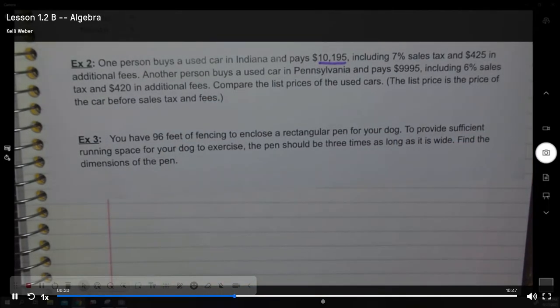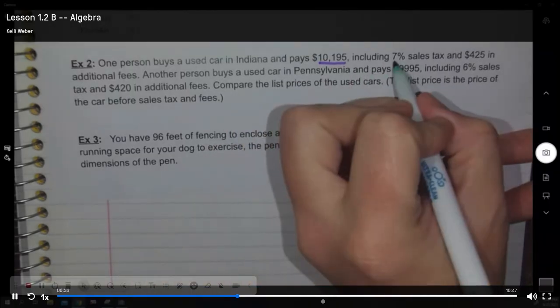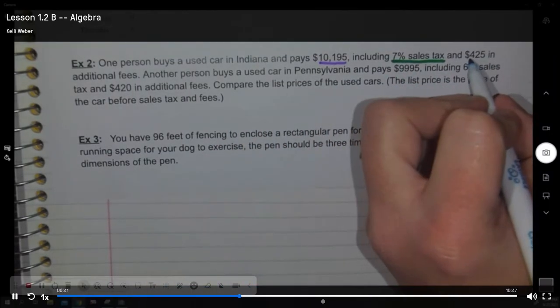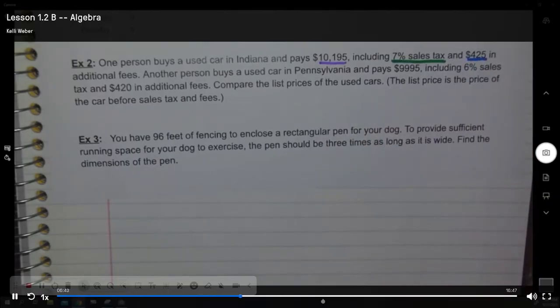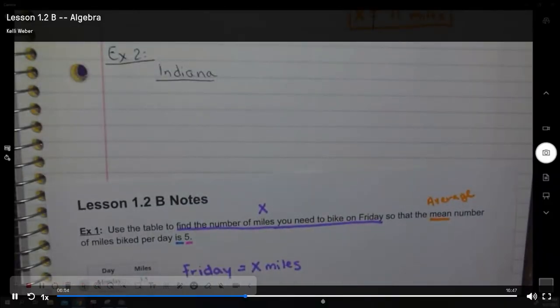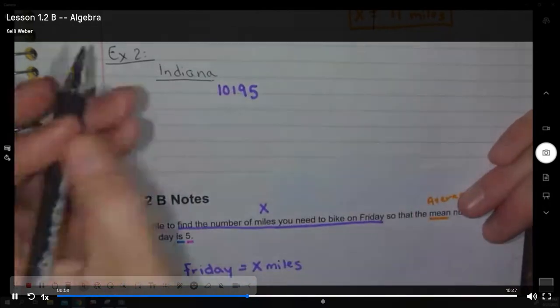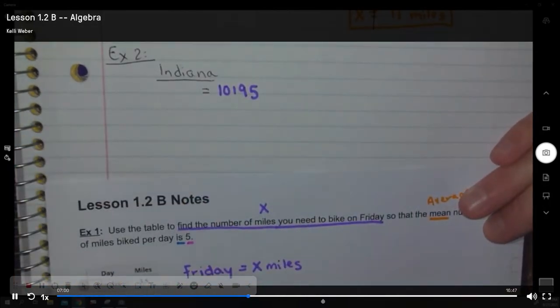This amount includes 7% sales tax, and it includes $425 in additional fees. So they're paying a total of $10,195. So that's our total. That's what it's equal to.